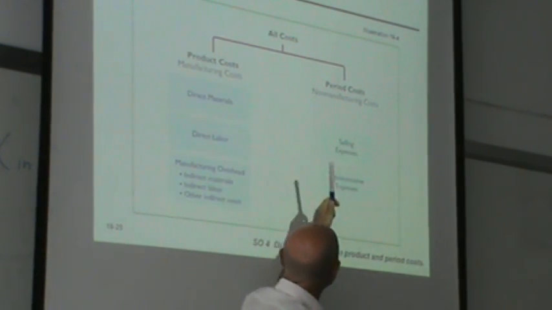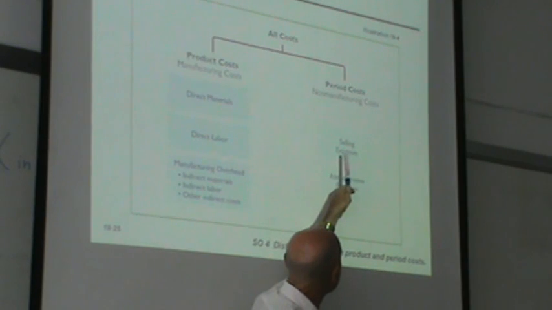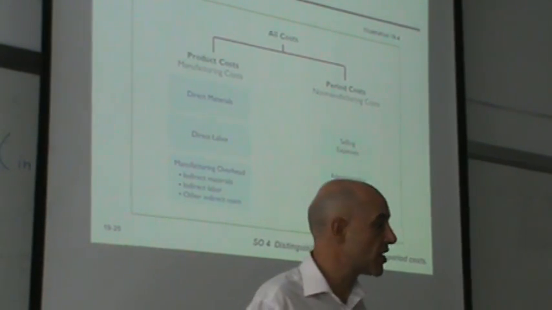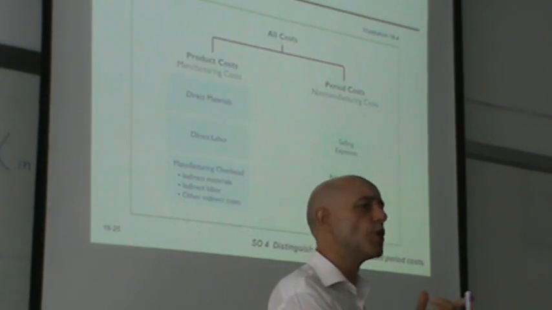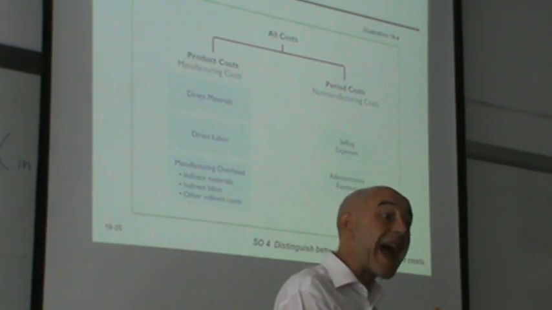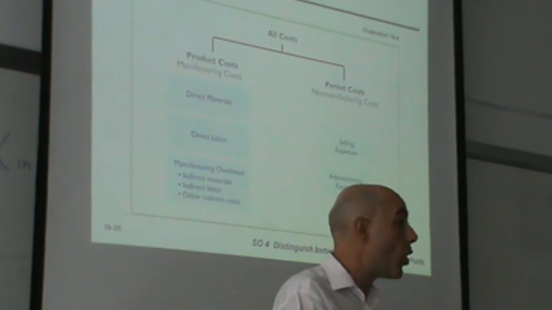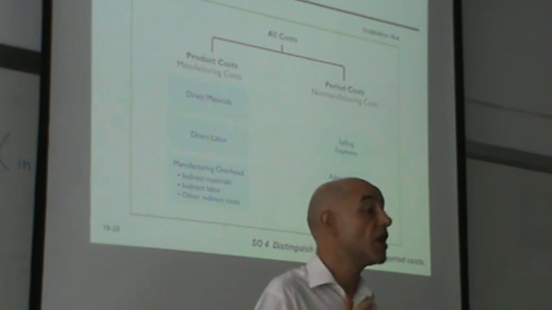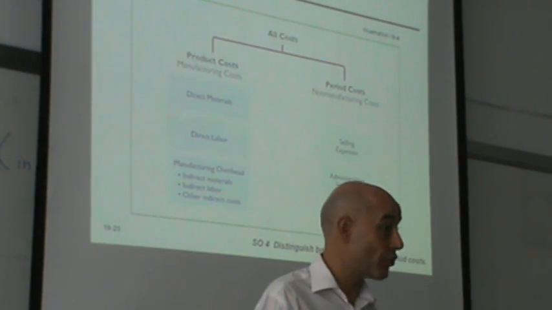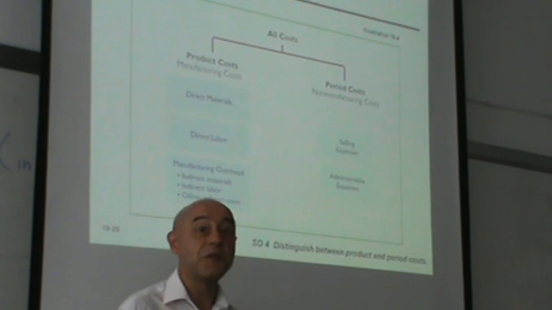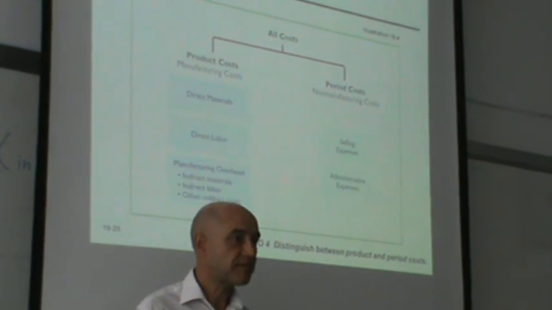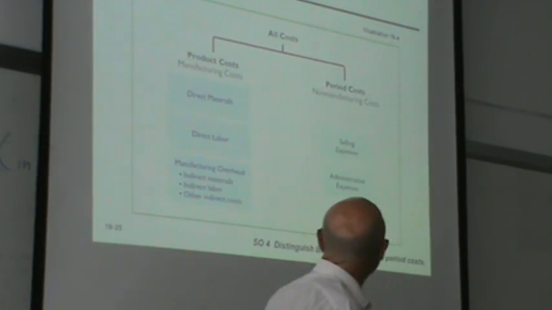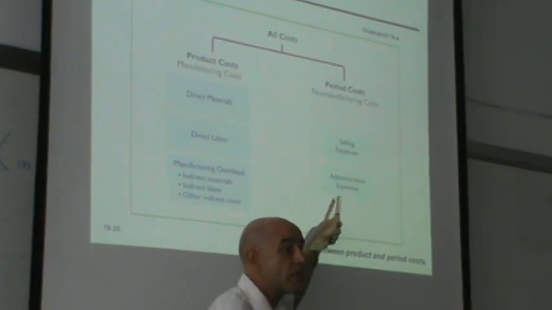And here, the two main ones are selling expenses and administrative. And part of administrative will be, again, lawyers, accountants. Well, the lawyers and accountants themselves will use offices, will use rent, okay, rent. So if you're renting space, you cannot just say rental is manufacturing or non-manufacturing.